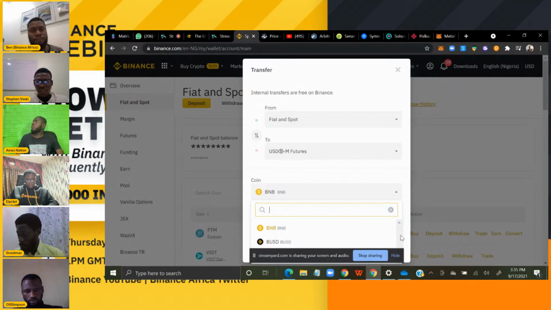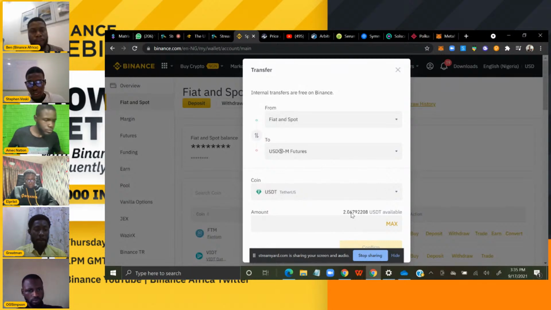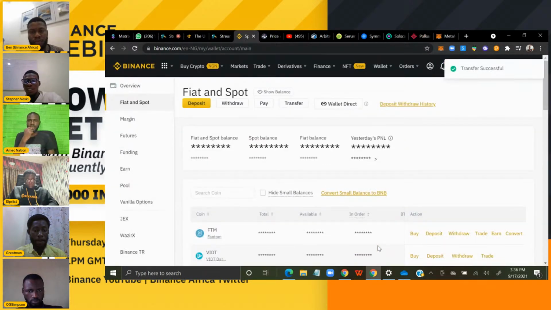Currently I just have 2 USDT here, so I'm going to transfer everything. Select max, or you can just input the amount you want to transfer and confirm. Now, transfer successful.